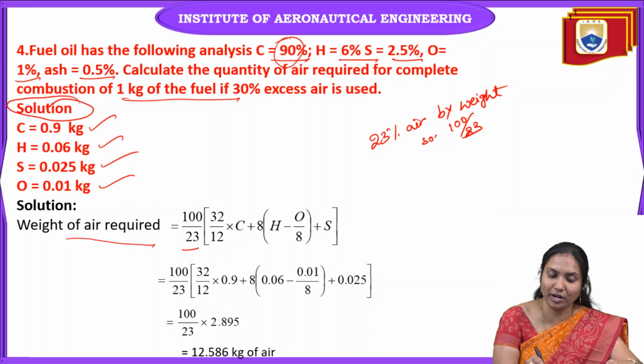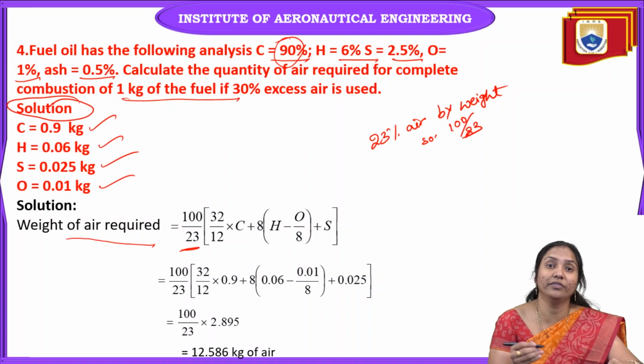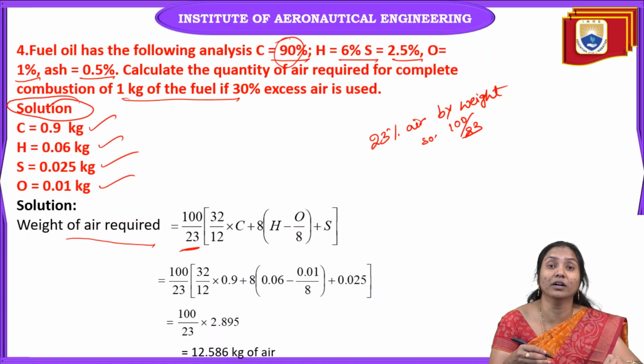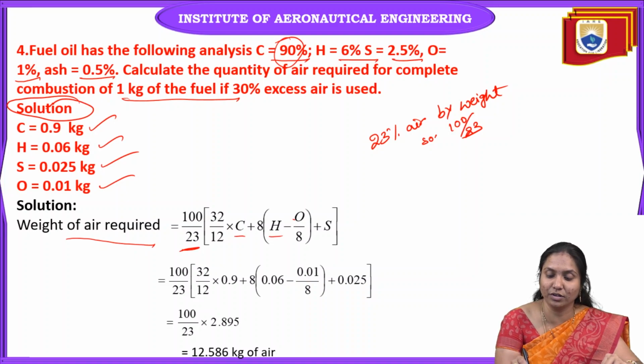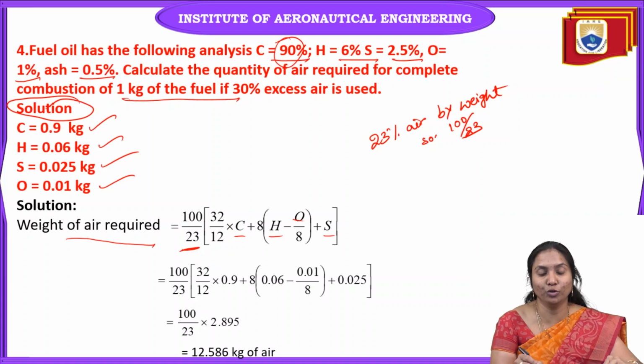So here also same we are writing 100 by 23 and with the remaining how much amount of oxygen required for complete combustion of remaining elements present in fuel, that is carbon, hydrogen, oxygen and sulfur. So what is the formula here? We are using weight of air required = 100 by 23 into 32 by 12 into C plus 8 into H minus O by 8 plus S.